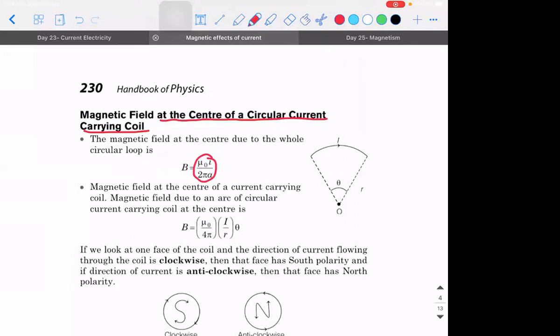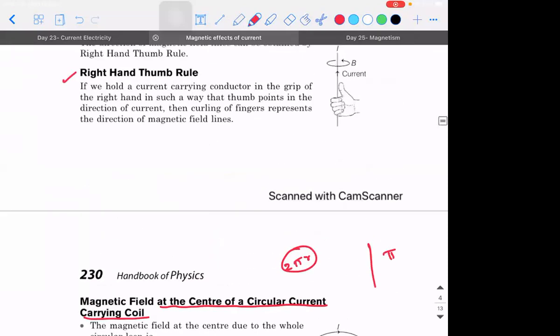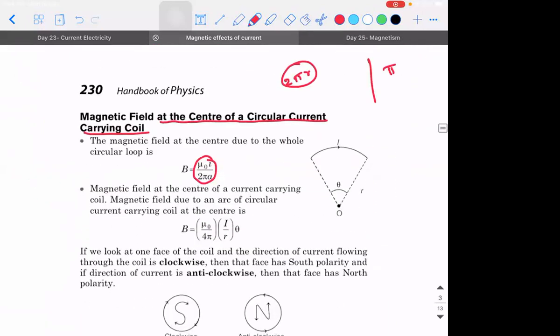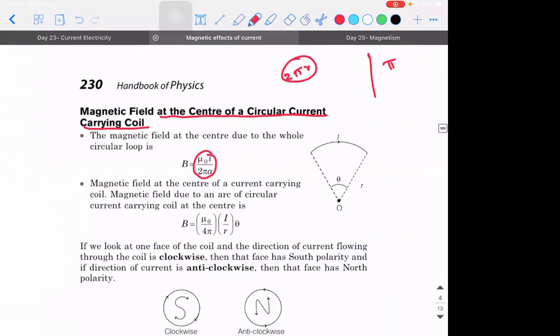Mostly this is a common mistake. Generally, what is the circumference of a circle? It is 2 pi r, right? Whereas when I talk about a straight current carrying conductor, the concept of pi does not come into the picture. When you calculate the magnetic field due to an infinite length wire, it is mu naught I divided by 2 pi r, whereas due to a current carrying circular loop, it is only mu naught I divided by 2a.